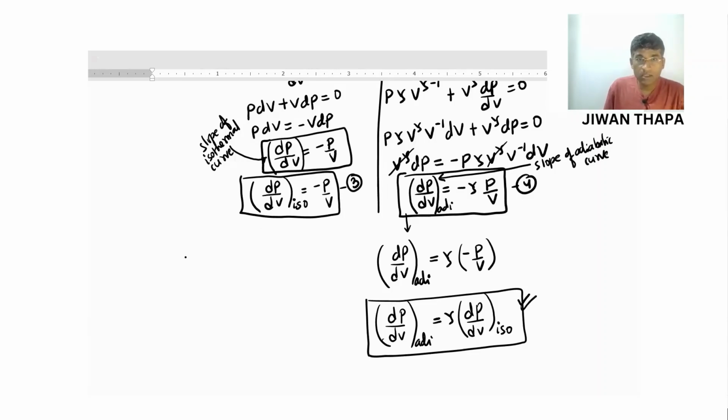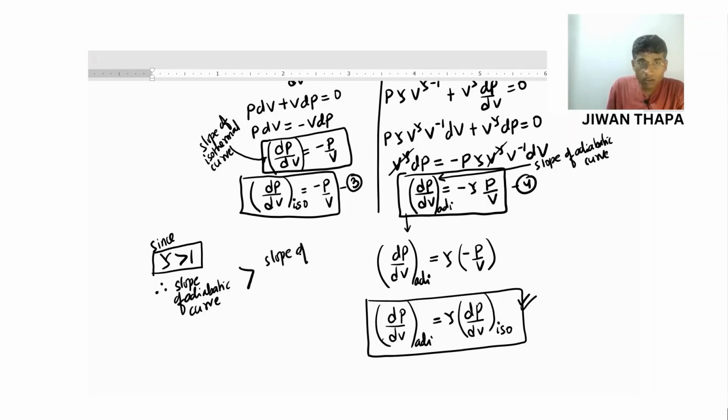And since gamma is greater than 1, therefore the slope of adiabatic curve is greater than the slope of isothermal curve.